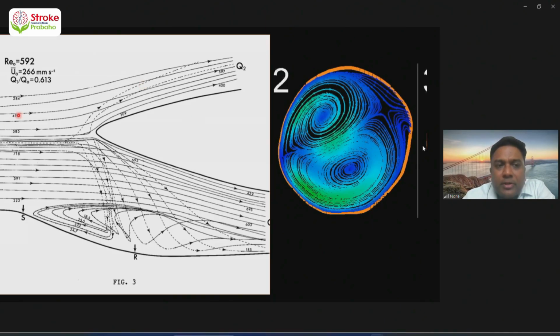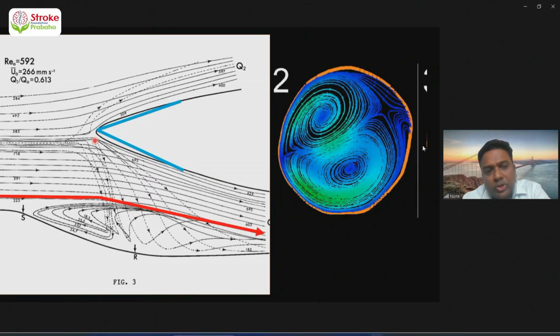So this is the common carotid artery. This is the internal carotid artery, and this is the external carotid artery. So this is the flow divider. So the jet is going to hit this and get diverted. So this jet from the common carotid artery enters the internal carotid artery. This point here, S, which is marked, is called the separation point.